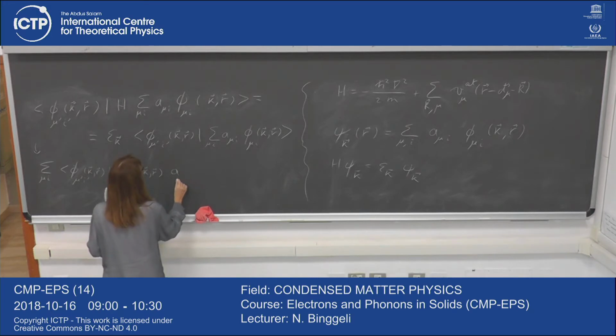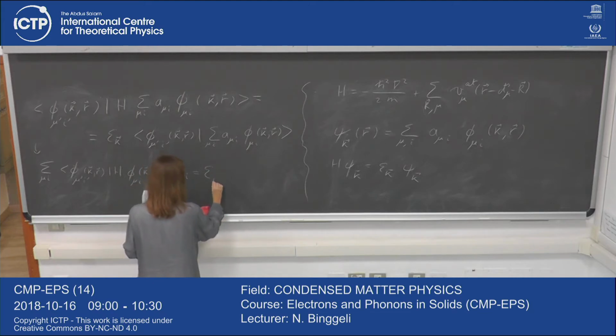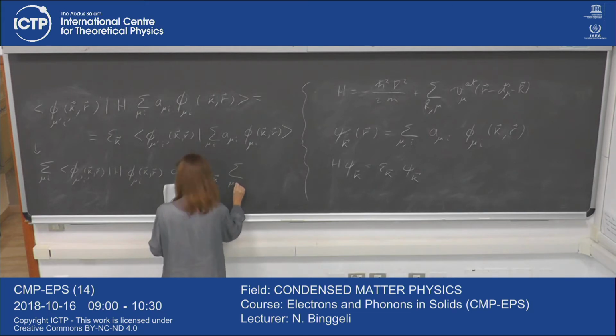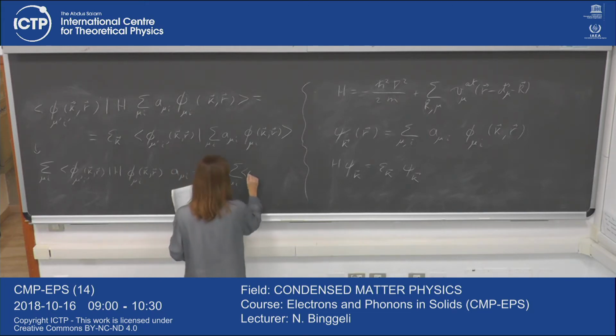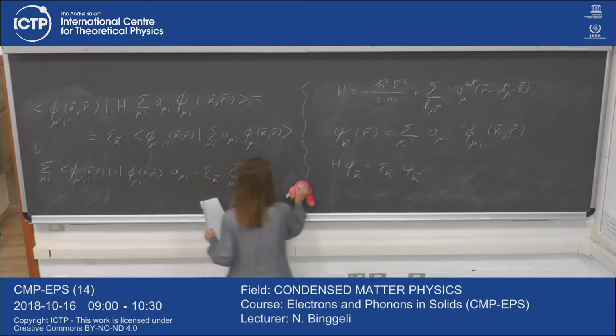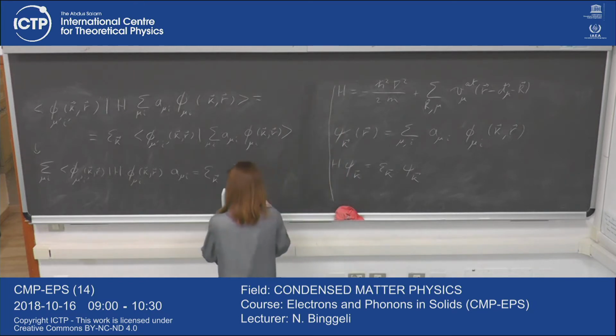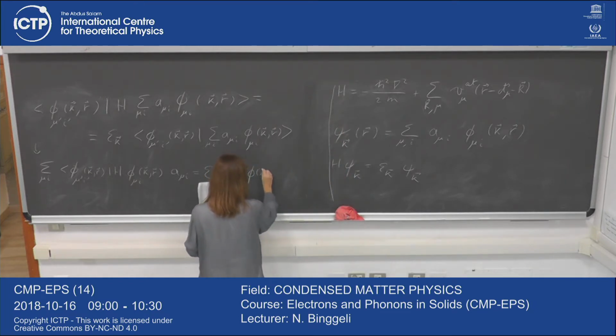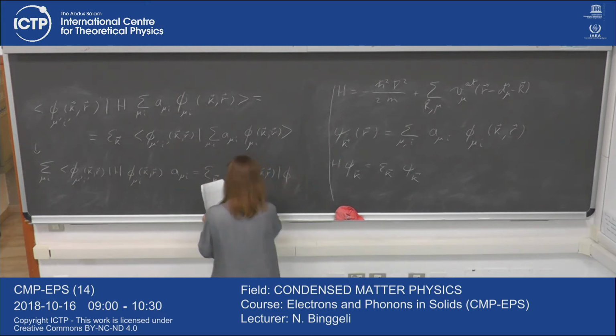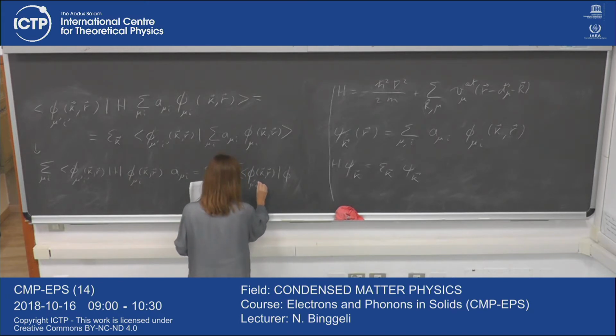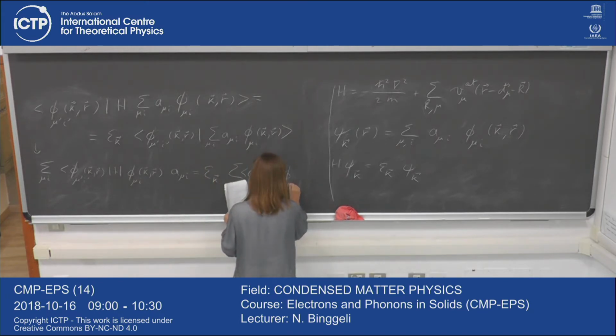The coefficient a mu I is equal to epsilon k, sum over mu I, phi mu prime I prime and phi mu I k r.